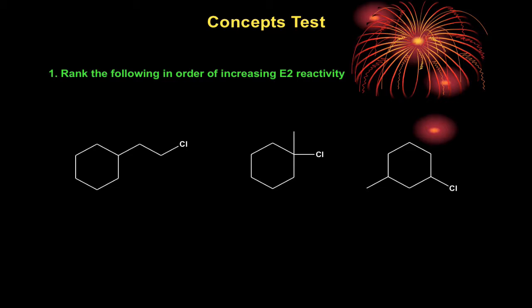So let's do a quick concept test. Rank those following in order of increasing reactivity, least reactive to most reactive, in terms of an E2 elimination, all using the same base.